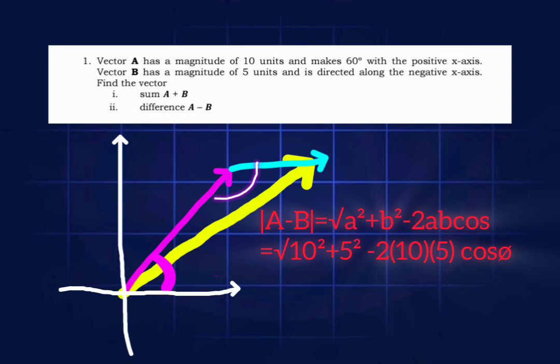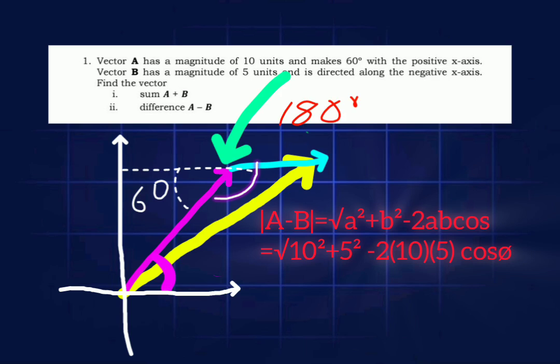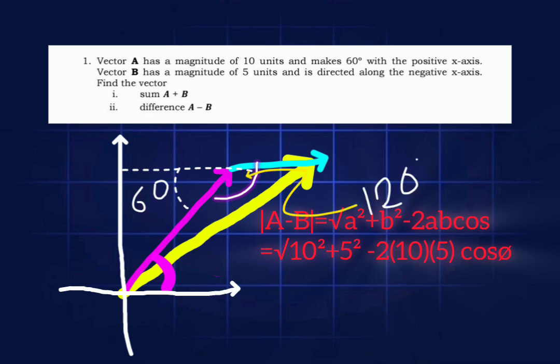How are we going to do that? Remember, this 5 units up here is parallel to the x-axis. We already determined that the angle here is 60, so this entire straight line is 180. So 180 minus 60 gives us 120. So the angle right here is 120 degrees.